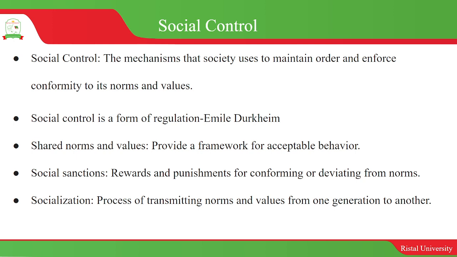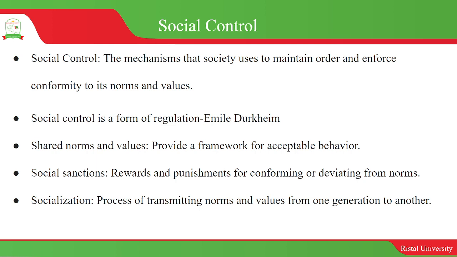Okay, that is what we call social sanctions, because punishments come with rewards. So people who do great things are rewarded in the society, and people who do negative things, participate in antisocial behavior or defiant behavior, are actually punished.